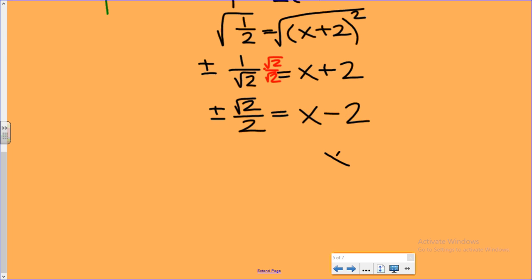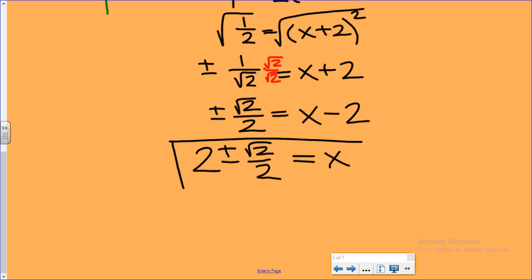And then to solve for x, you can just add 2 to both sides. And so you would add 2, and then you can't combine 2 to an irrational number, so you can just write it as 2 plus or minus radical 2 over 2. And you're going to see it like that.